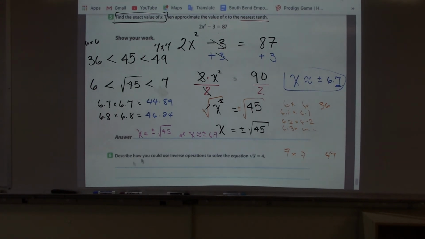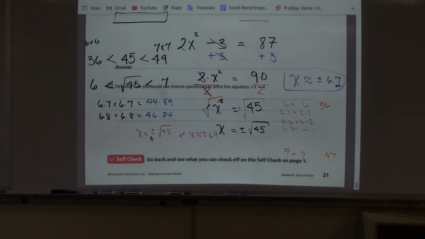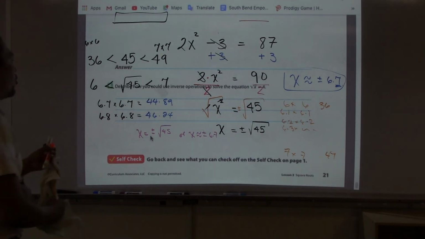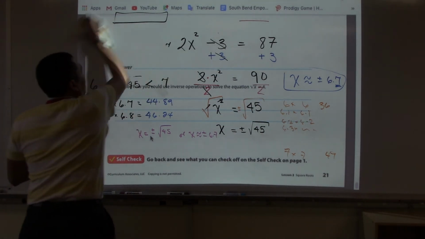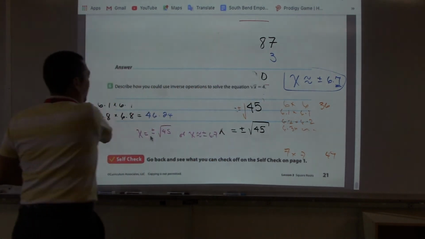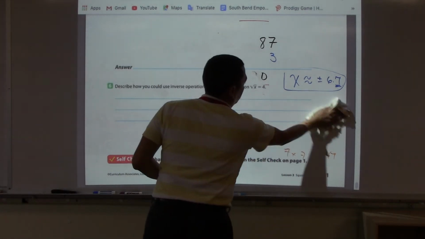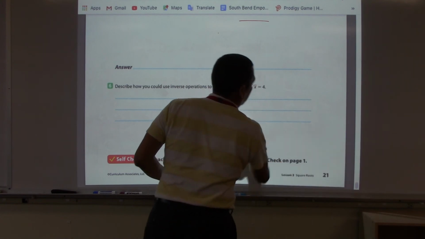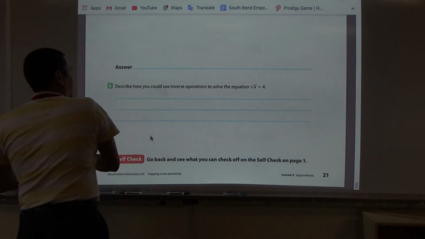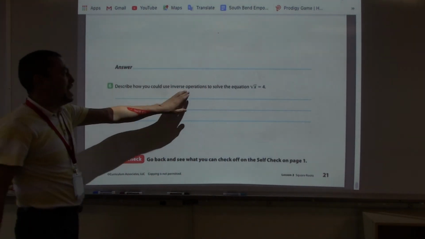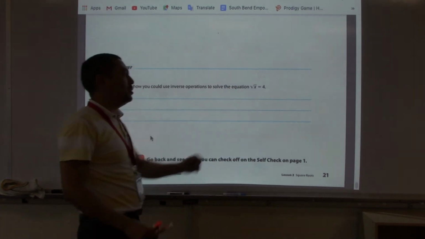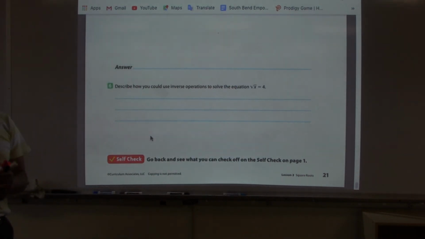Now number 6 says, describe how you could use inverse operations to solve the equation x squared equals 4. So you're going to write something here.